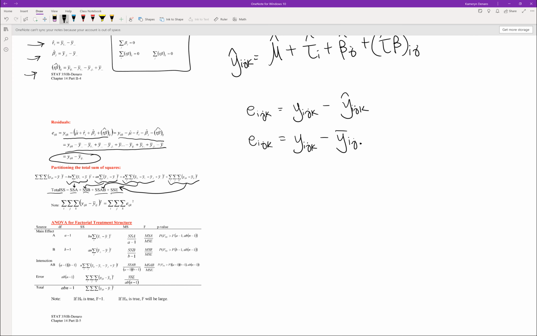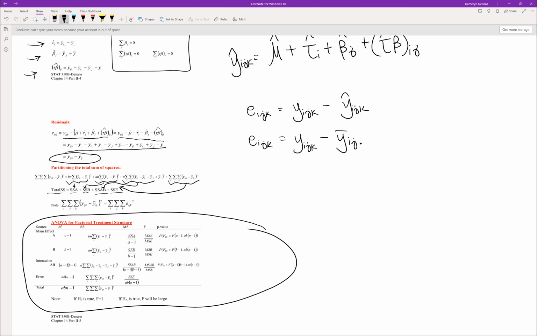We can calculate an F value for our main effects as well as our interaction term, and we can calculate a P value. We're going to go into more detail of how to conduct this in R in a future video. You could hypothetically conduct this by hand, but there's not really a benefit to doing this by hand, especially as your sample size increases. Doing this by hand gets harder and harder.